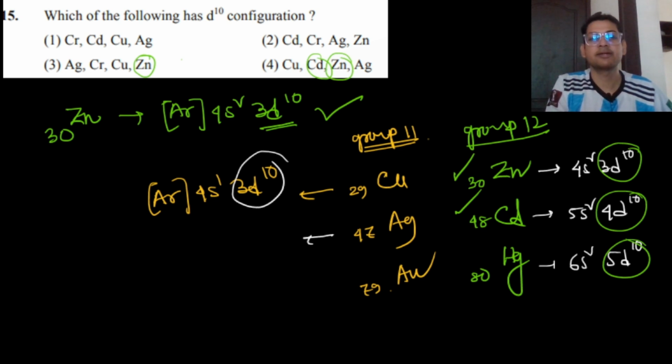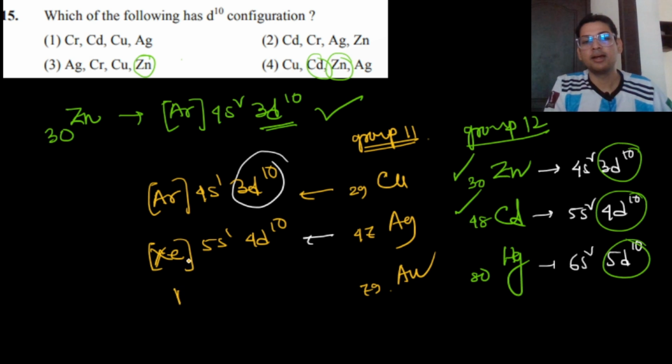Okay, then for Ag, I'll have krypton 5s1 4d10. Sorry, it is not xenon, it should be krypton, I made a mistake.